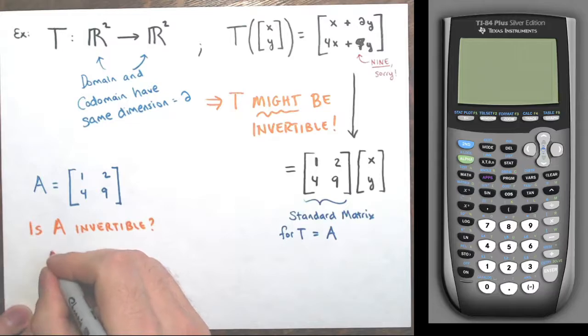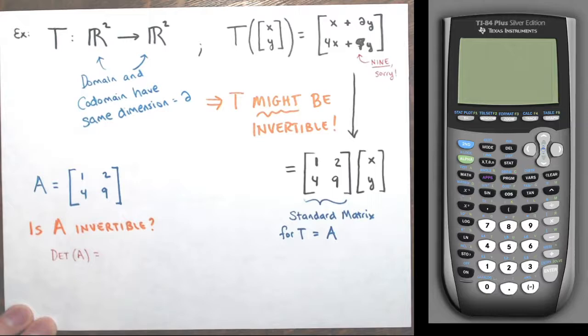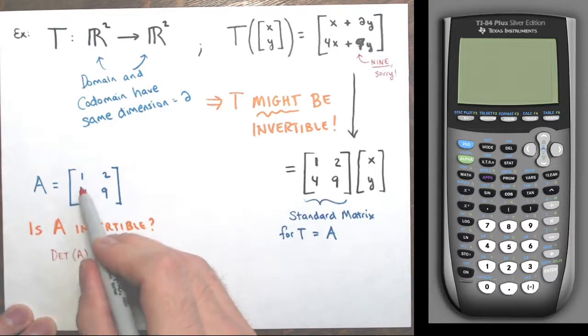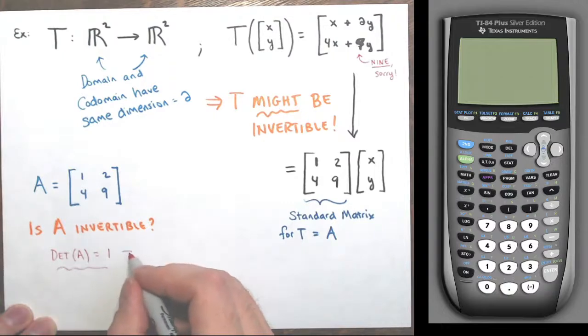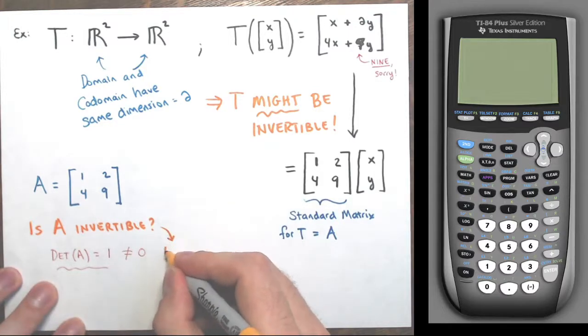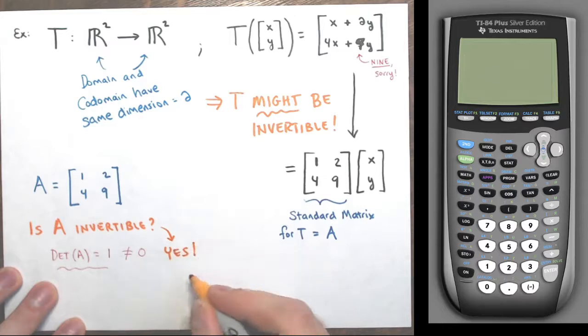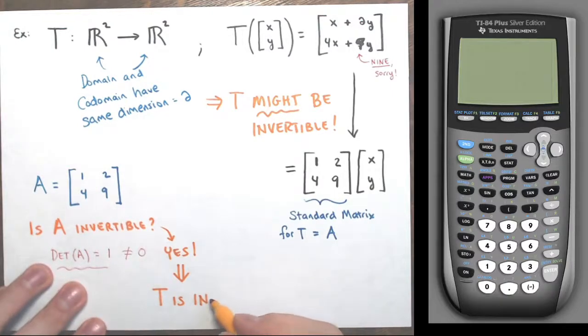The determinant of A, this is just a 2 by 2, so real quick, the cross minus the cross: 9 minus 8. So the determinant of A is 1, which is not 0. If the determinant is not 0, then the answer is yes. So T is invertible. If the standard matrix for a linear transformation is invertible, then the transformation itself will also be invertible.